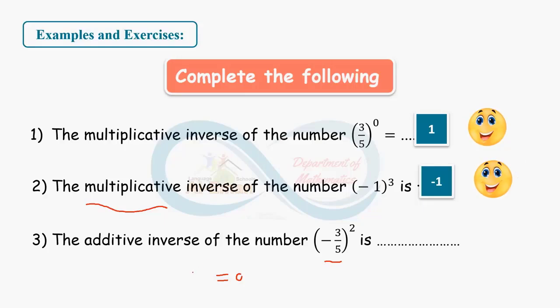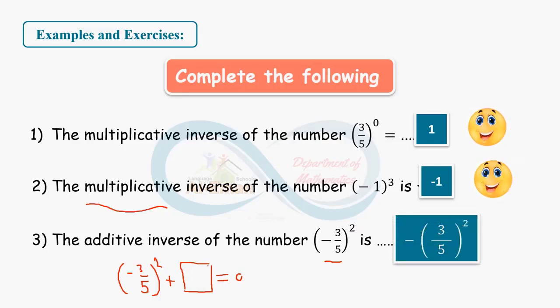So we need the number that, if we add it to our number, -3 over 5 all to the power 2, gives 0. Bravo. The answer is -3 over 5 all to the power 2, because the power 2 is even, so it cancels the negative sign.